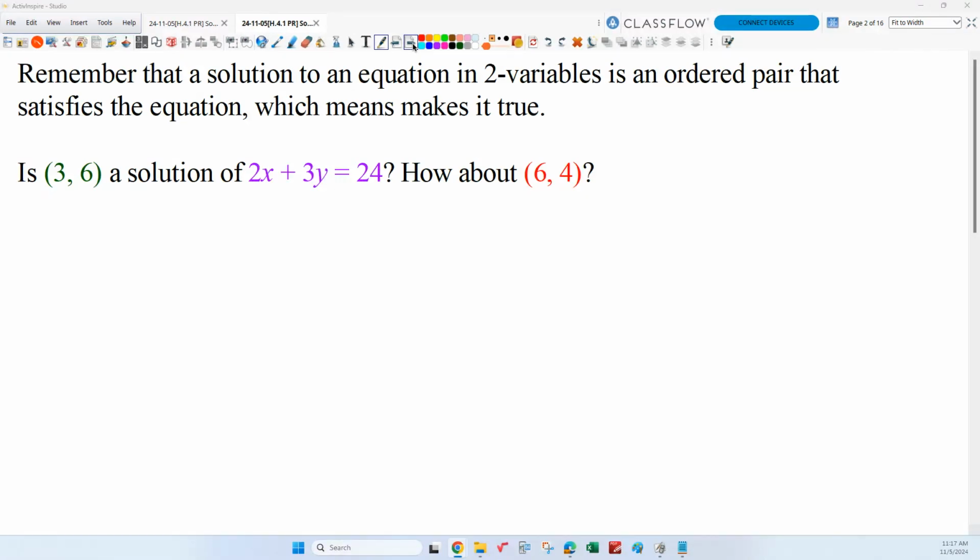Would everybody agree that the ordered pair (3, 6) is a solution of the purple equation? If I plug in those x and y values, doesn't it make that a true statement? Yeah. And so does (6, 4), right?